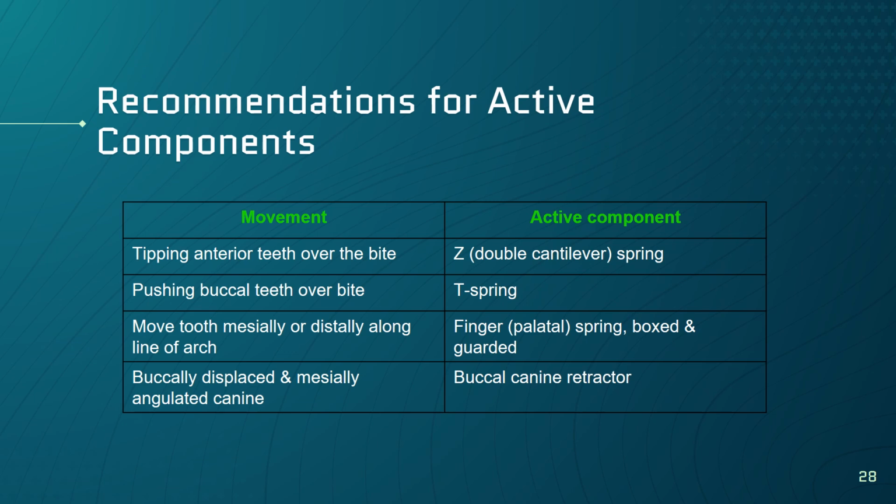Movement of teeth mesially or distally along the line of the arch is best achieved with a finger or palatal spring, and this should be boxed and guarded. Buccally displaced and mesially angulated canines are best moved using a buccal canine retractor. Please remember that distally angulated canines cannot be treated efficiently with removable appliances.